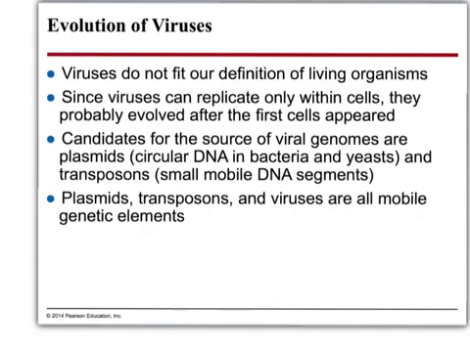There's some debate about where viruses come from or how they originate. Some candidates are plasmids; if they are integrating plasmid DNA, that could be an origin for a viral genome. Plasmids, transposons, and viruses are all what we call mobile genetic elements. Why are they mobile?